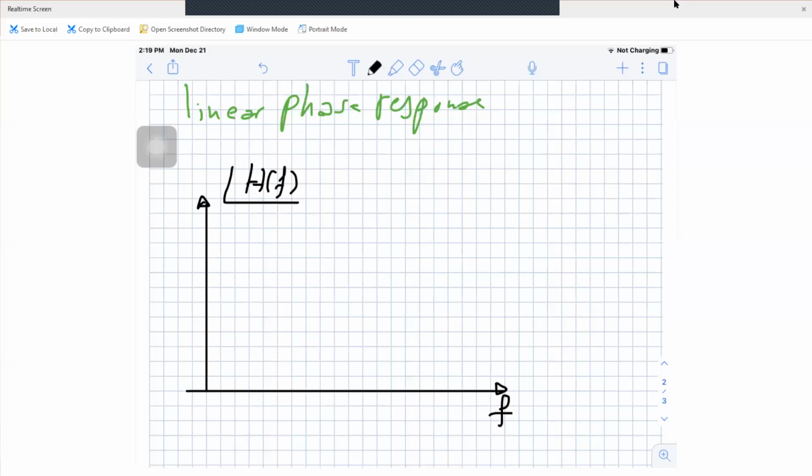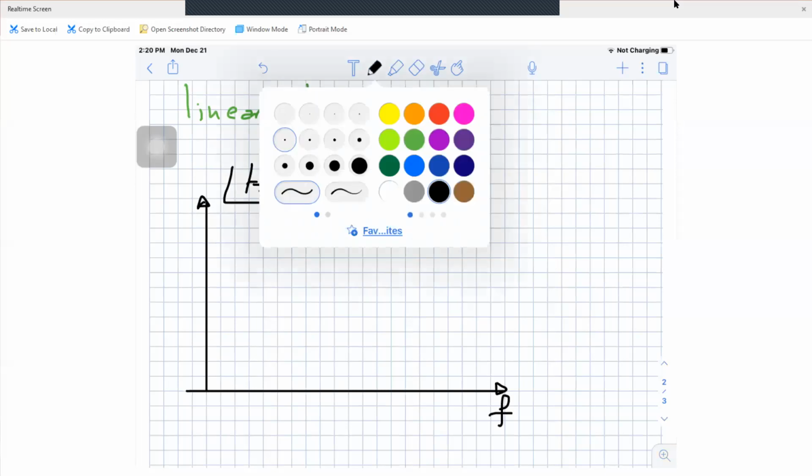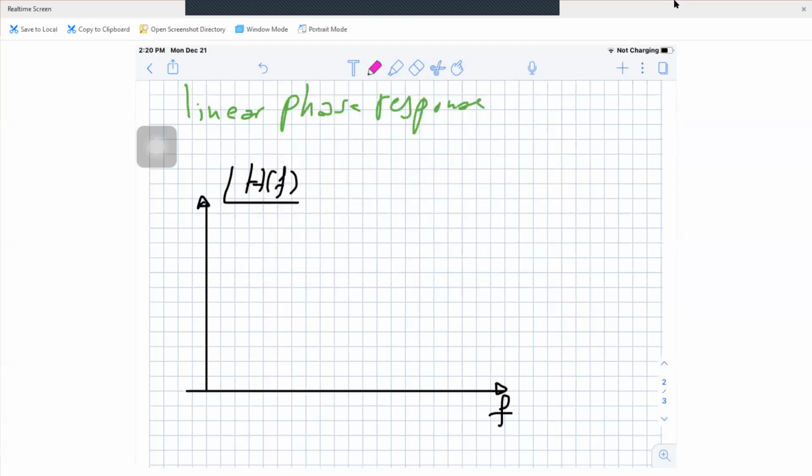Look, please. The most important thing is the passband region. Of course, we are not going to talk about the region after the cutoff frequency. So, look, please. I'm going to highlight the cutoff region, for example.